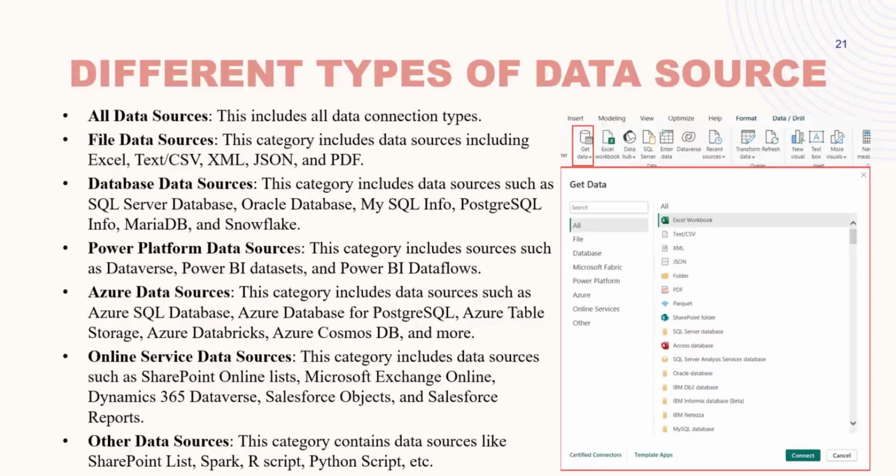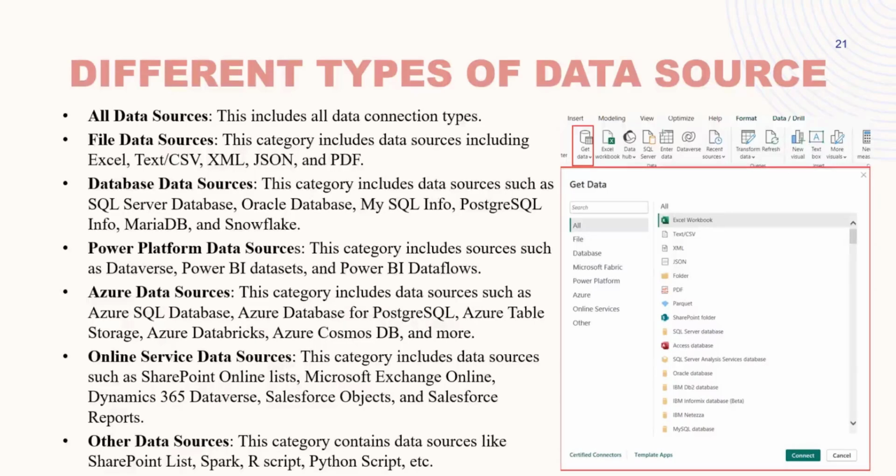Online services data sources contain many types of data sources like SharePoint Online list, Microsoft Exchange Online, Dynamics 365, Salesforce objects, and Salesforce reports. And the last one is other data sources. This category contains SharePoint list, R script, Python script, Spark, and many more. So these are the data sources.